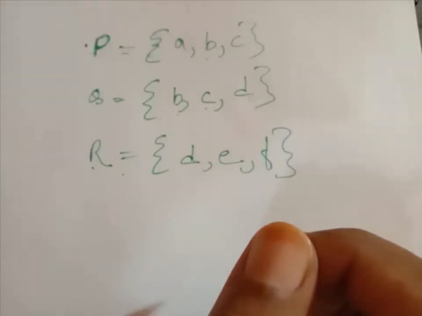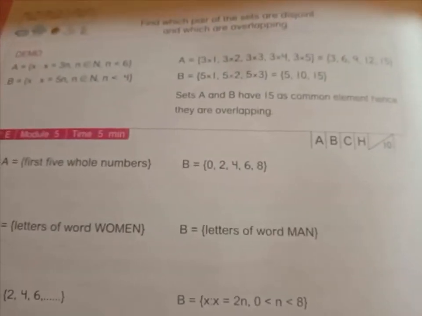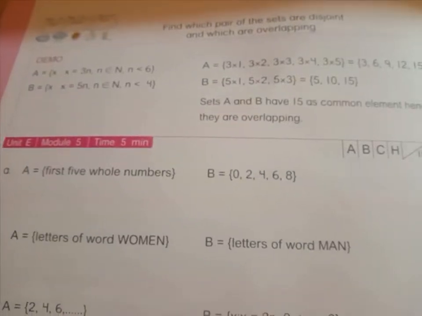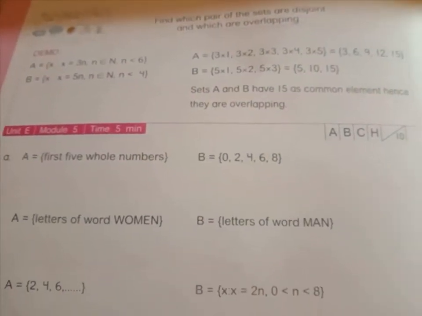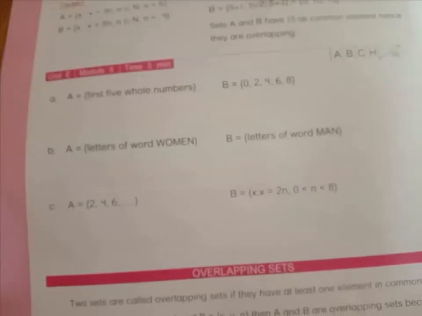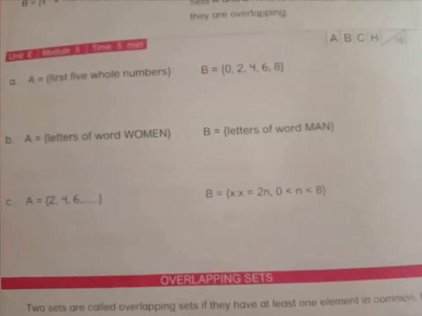Okay, so now let us move on to module number 5. Go through the demo yourself, it is very simple, but let us solve question number B. Set A is the set of the letters of the word women.